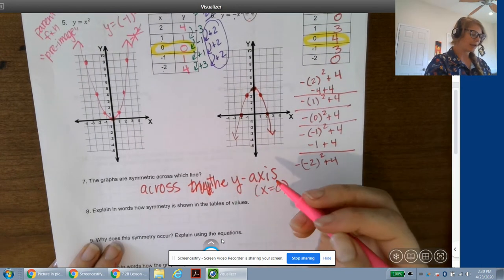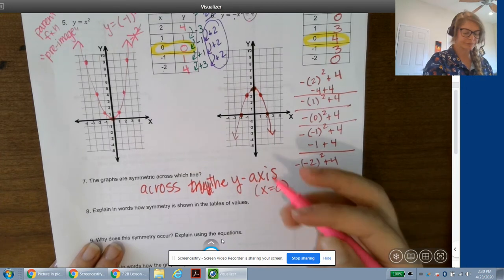So let's see, explain in words how symmetry is shown in the table of values.